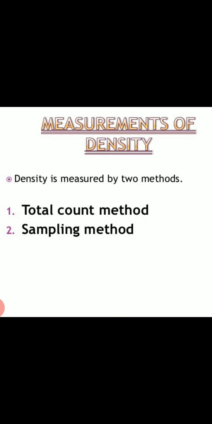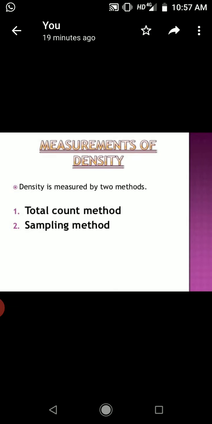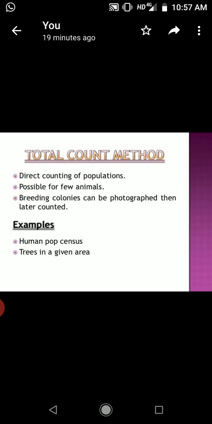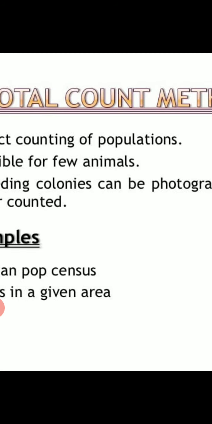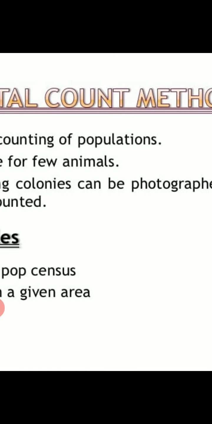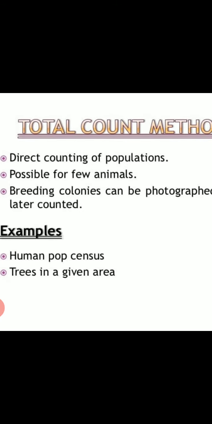Next is measurement of density. Density is measured by two methods, that is the total count method and the sampling method. So what is the total count method here? The total count method is direct counting of populations and is possible for few animals. Breeding colonies can be photographed, then later counted.